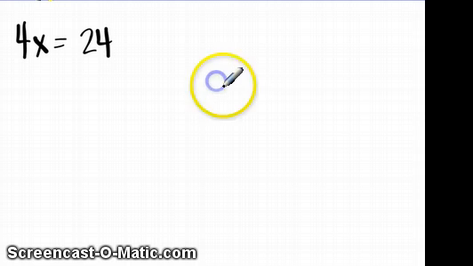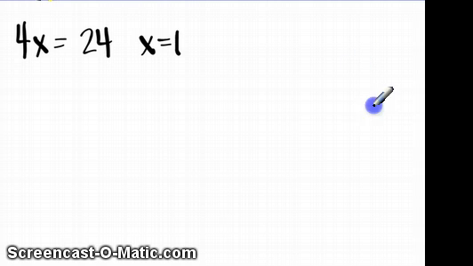Let's try another problem, maybe this time with some multiplication. Say for instance, let me get my pen back here, I have 4x equals 24, and they tell me that x equals 6. Will this statement be true or false?